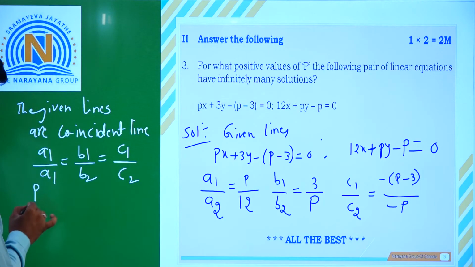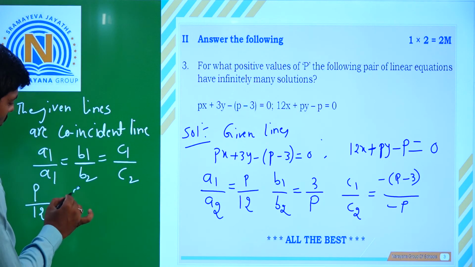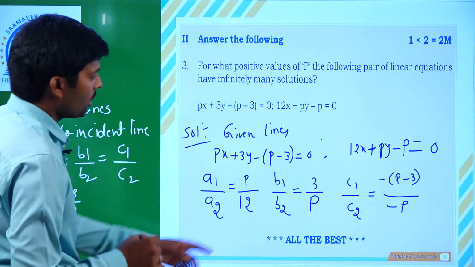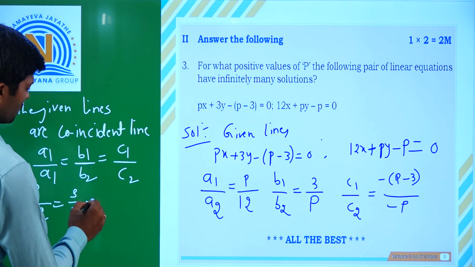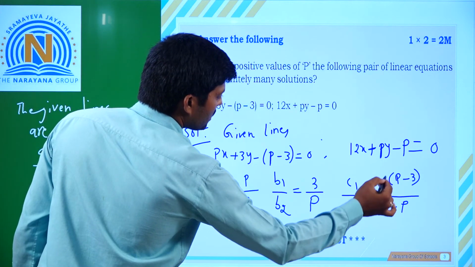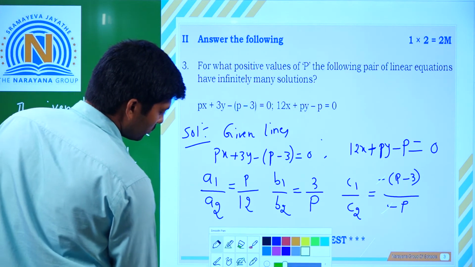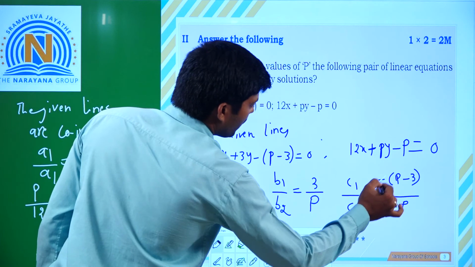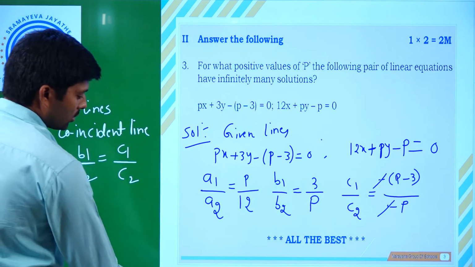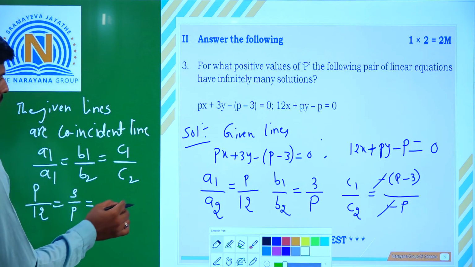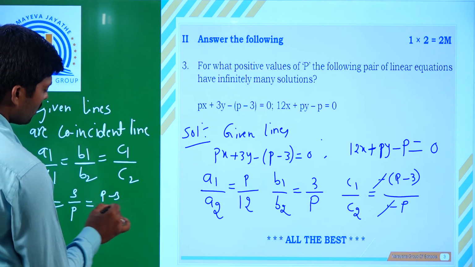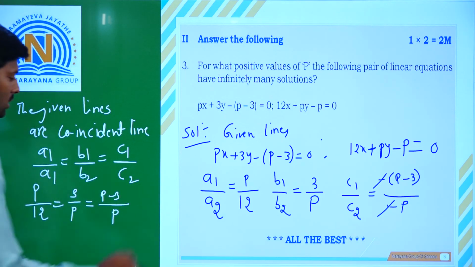So that is nothing but p by 12 is equal to 3 by p is equal to minus of p minus 3 by minus p. Here the minus will get cancelled, so we will get p minus 3 by p.